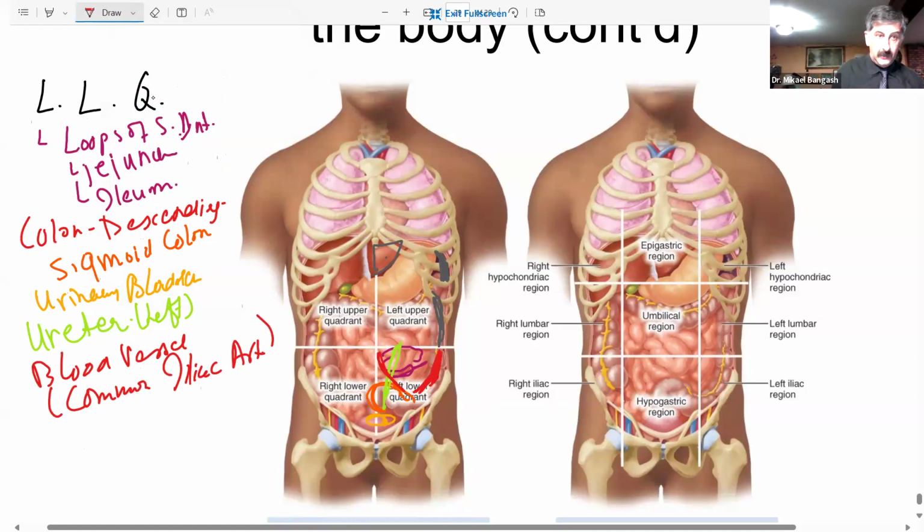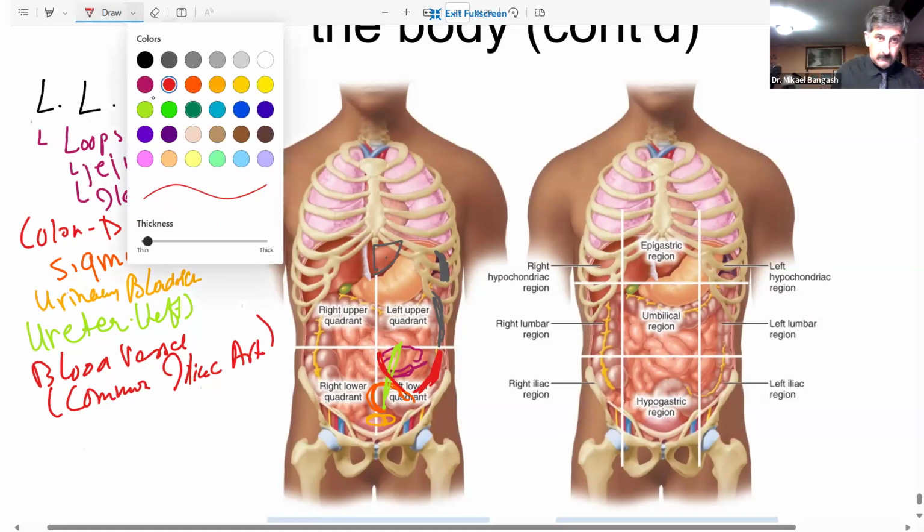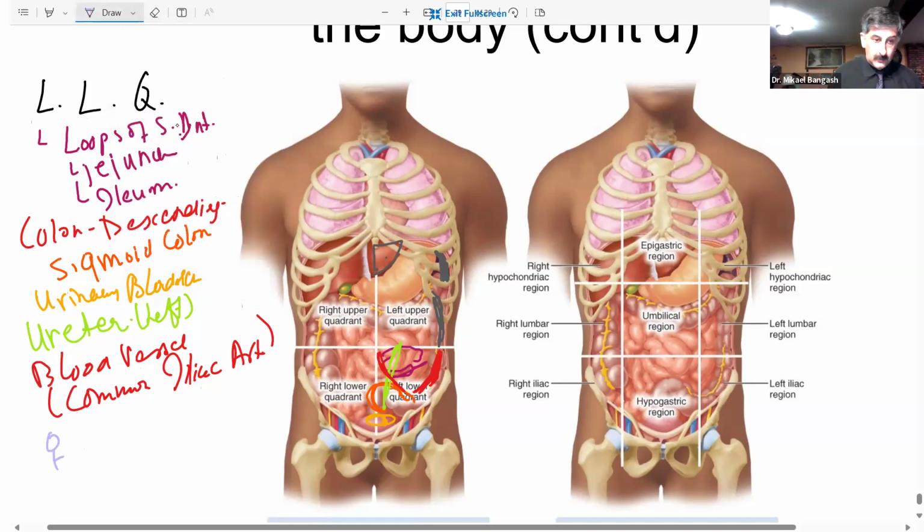Now, in the females, now if we talk females, what you also find in the left lower quadrant is going to be things such as ovary, mainly the left ovary, the uterine tube, and of course, that's also going to be the left.